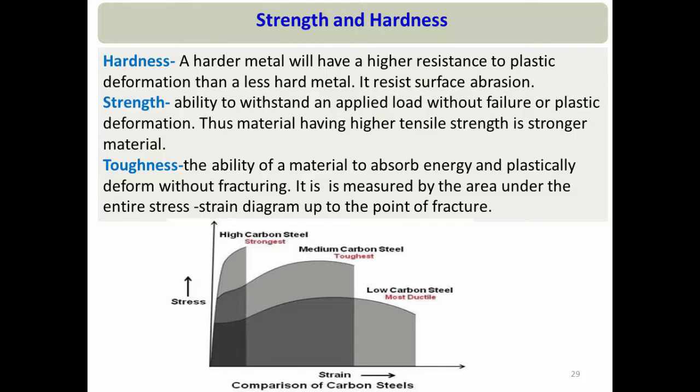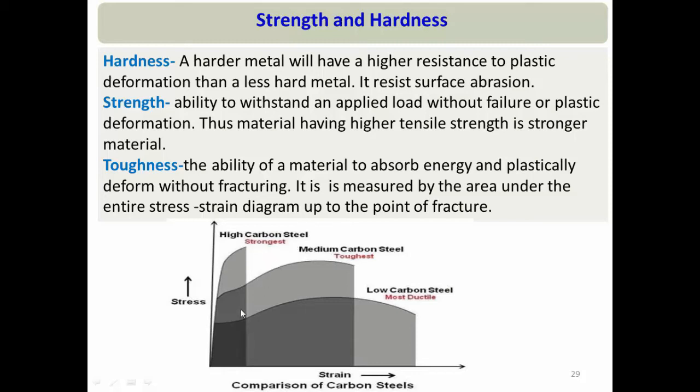Now, when we talk about carbon steel, we'll see in this lower graph that when carbon steel contains a high amount of carbon, its strength increases, but its ductility goes down, and because of that it can show a higher yield strength or ultimate tensile stress, but it's a very brittle material.